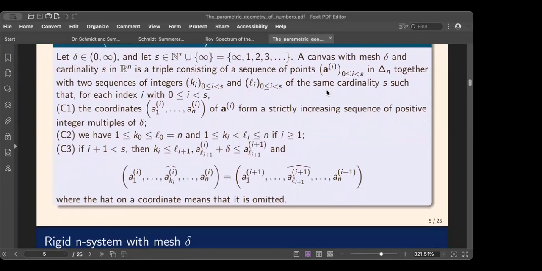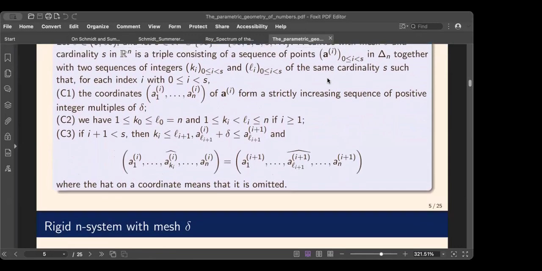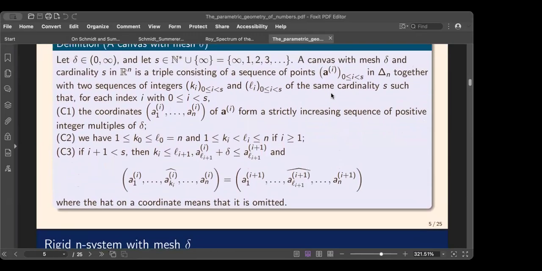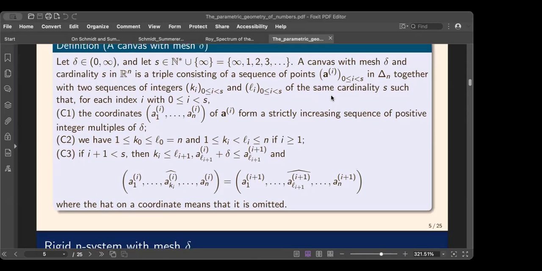The definition here is that for each i, it is an n-number vector, which is A_i, and the coordinates of A_i form a strictly increasing sequence of positive integers which are multiples of delta. So the difference between every a is a multiple of delta.